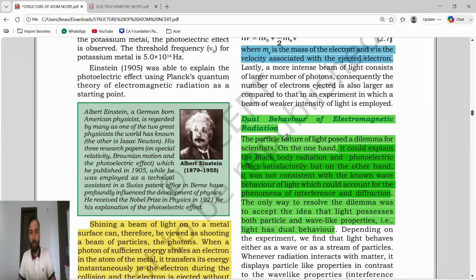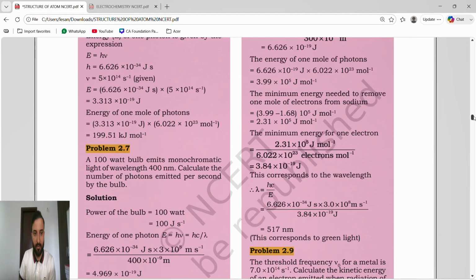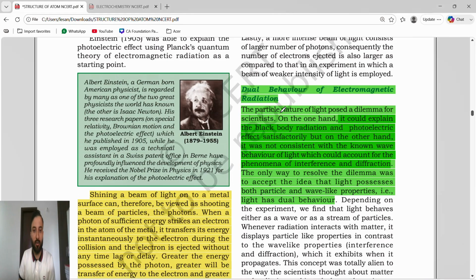We will see this green part now: what difficulty they faced and how they overcame it. This is the last page, we are stopping here. After that we'll solve 1, 2, 3, 4 problems, then we'll stop. The notes are nothing much, the thing is the explanation, because once you understand, it's easy peasy.